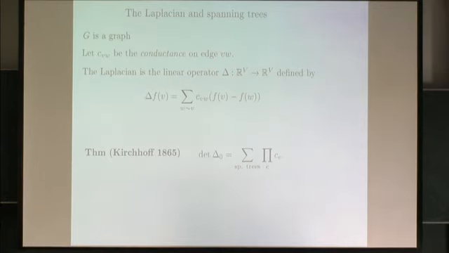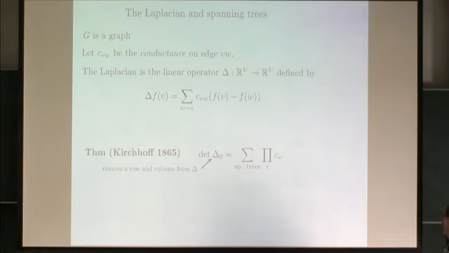And the famous theorem of Kirchhoff, 150 years old now, is that you can actually count the weighted sum of spanning trees of the graph using the determinant of this matrix associated to the Laplacian. There's a natural matrix associated to the Laplacian operator indexed by the vertices, and you just remove any row and column from that matrix, and you get a new matrix.